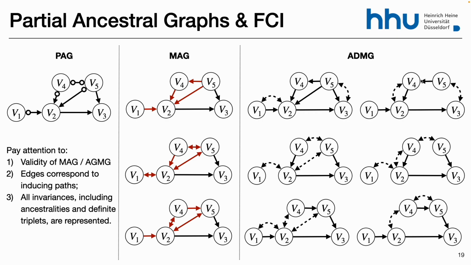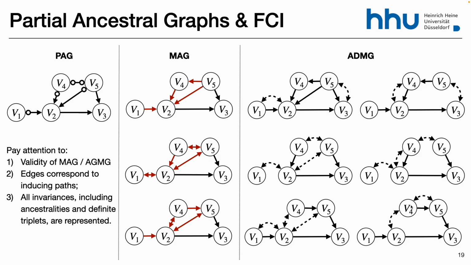So I'm always considering cases in the second column where I have an inducing path. For example, for the edge between V2 and V5, you see that V2 is not an ancestor of V5 and V5 is not an ancestor of V2. This is represented by this inducing path. That's the only inducing path that I can construct to preserve these non-ancestralities and also create the edge here.